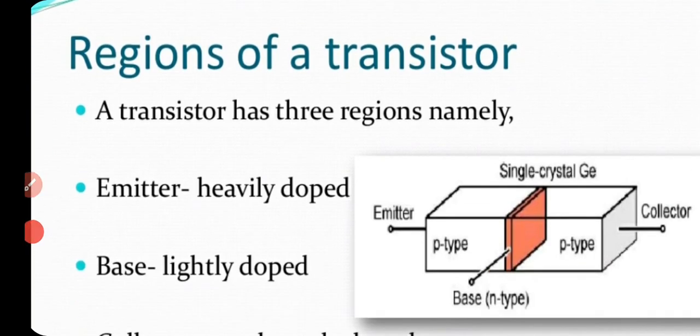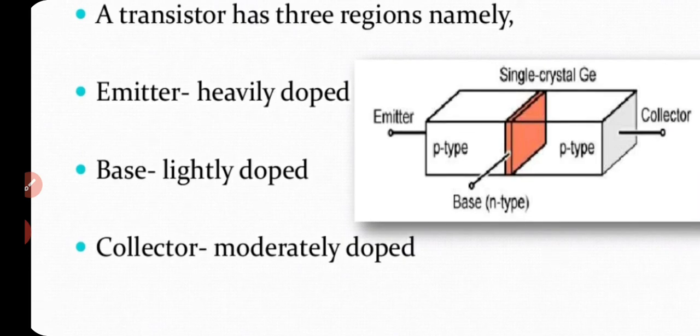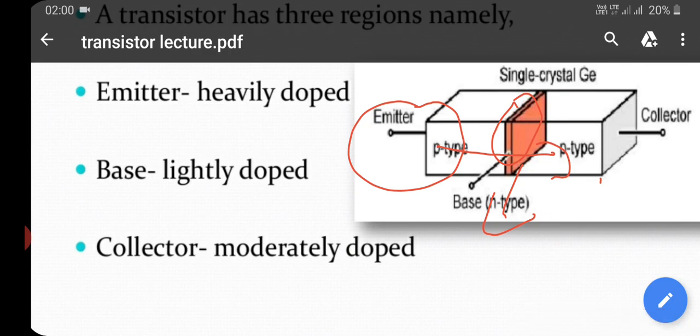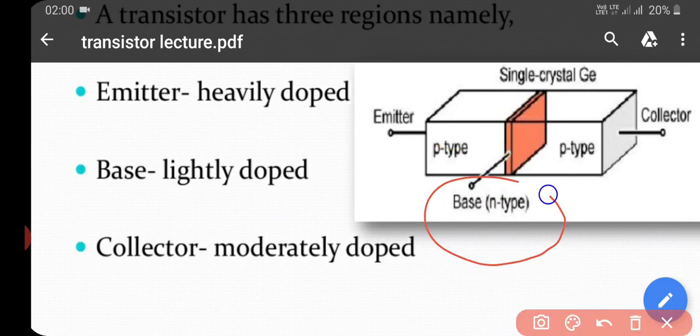Regions of a transistor. There are three regions: emitter, base and collector. Emitter is heavily doped because the work of the emitter is to supply all charge carriers to the collector by using the base. Base is lightly doped and small in size so that all charge carriers come toward the collector region.